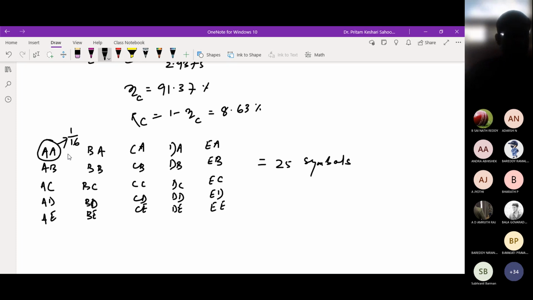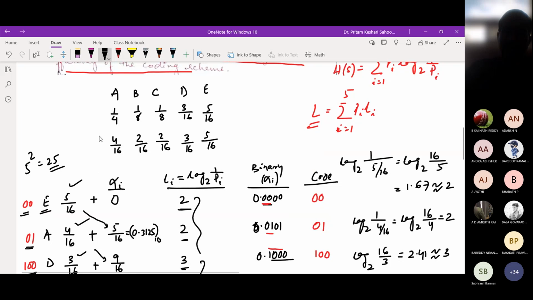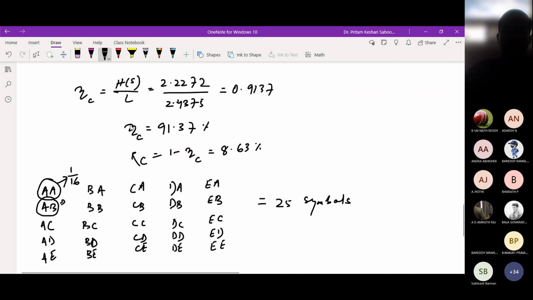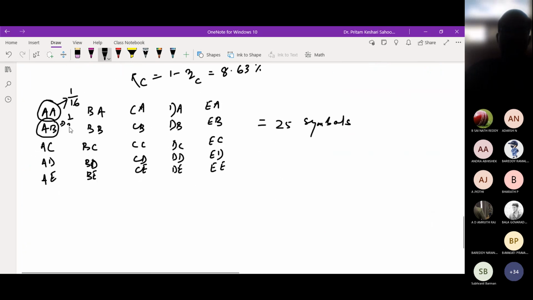Similarly, for the second symbol AB, what will be the probability? You see here, A is having probability 1/4, B is having 1/8. So AB will have probability 1/4 multiplied by 1/8, so this will be 1/32.